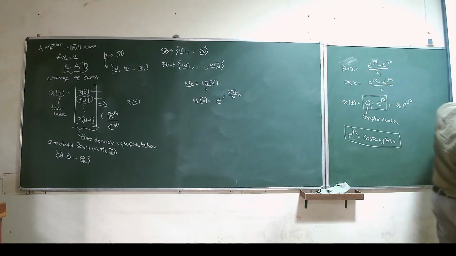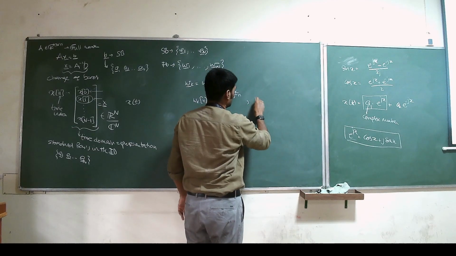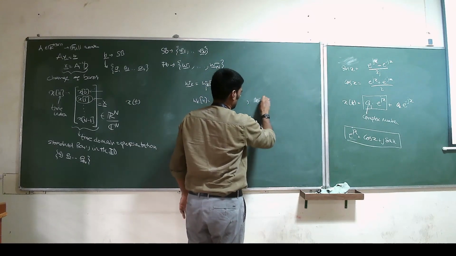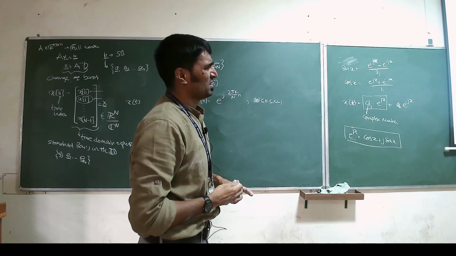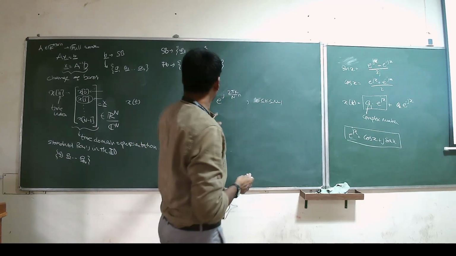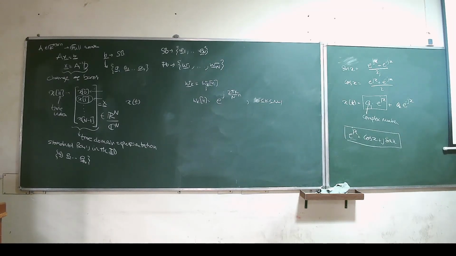That means this is essentially cos 2 pi kn by N plus j sin 2 pi kn by N, and k is a number that varies from 0 to n minus 1. If you put each of these time domain values in a column vector, that is your Wk.